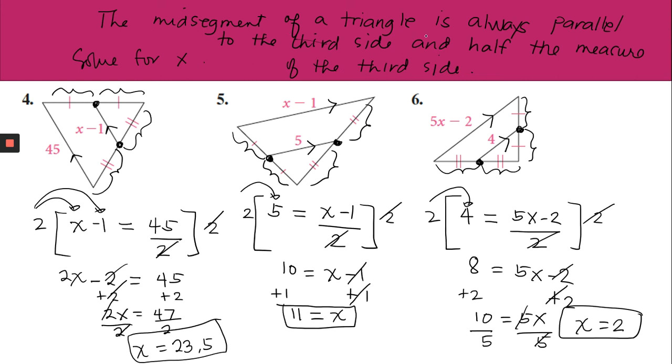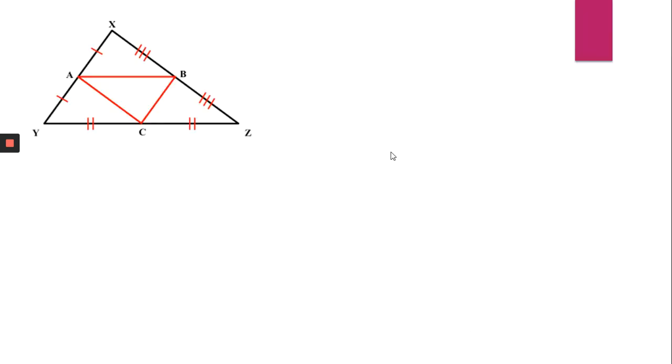Okay, so mid segment of the triangle is always parallel to the third side, and also the measure of the mid segment is half the measure of the third side also. Okay.